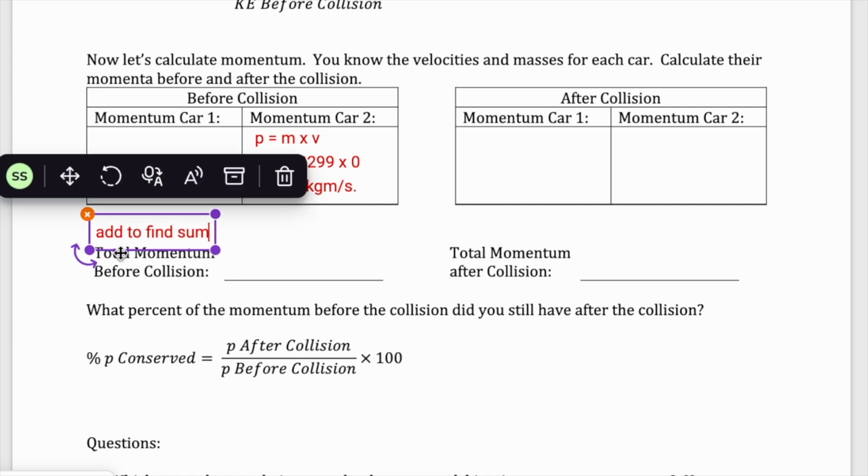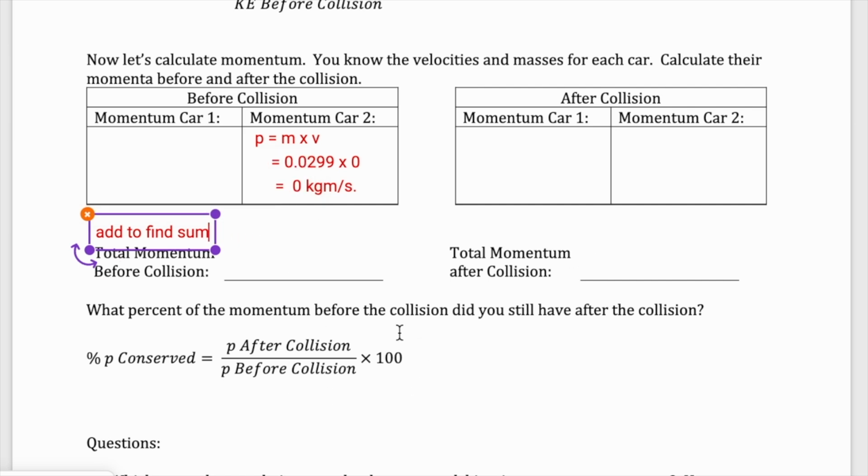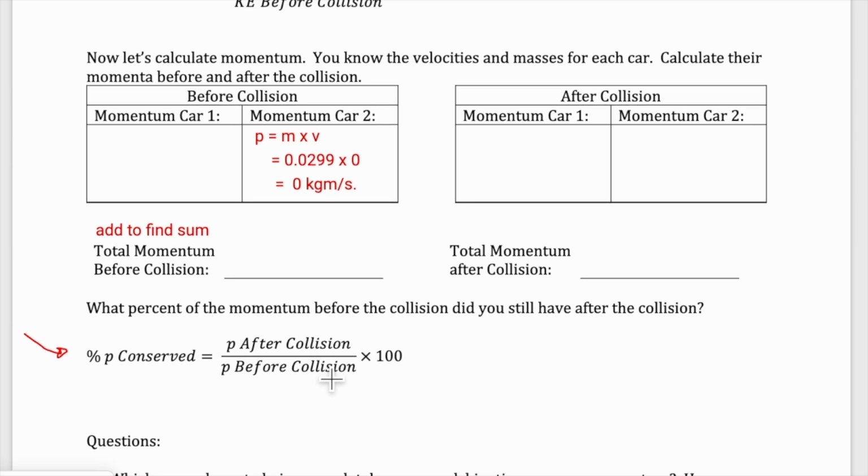So you add them together, you find the sum, and then you can calculate the percentage. And again, I've given you the formula, so you're just going to take your total momentum before the collision and your total after the collision, and put them right here in this equation.